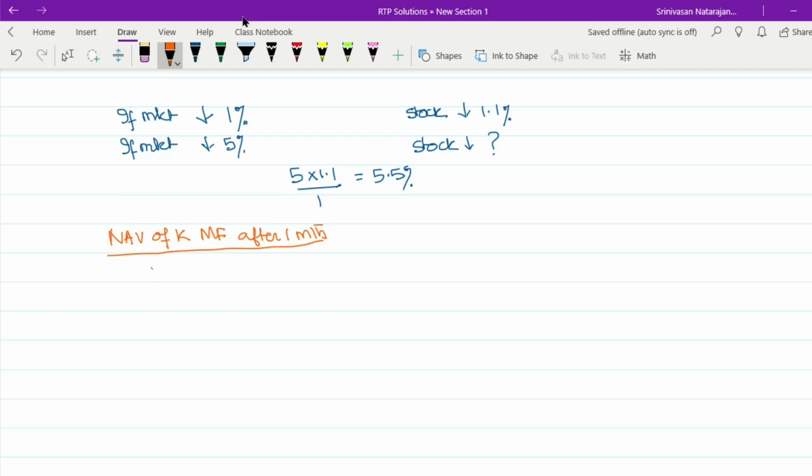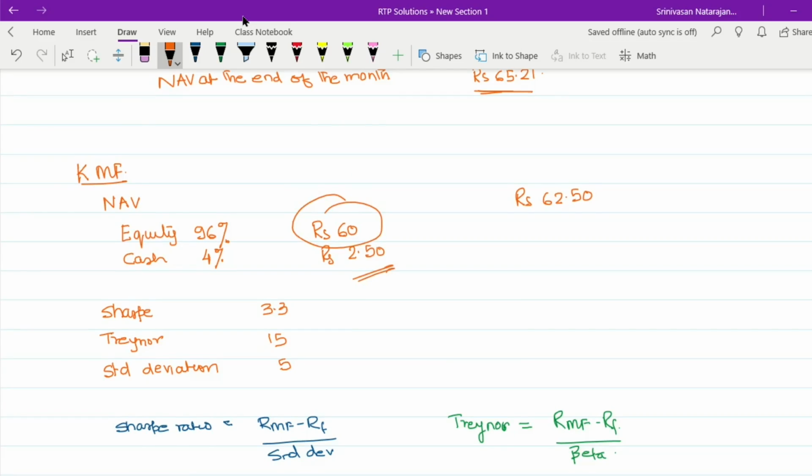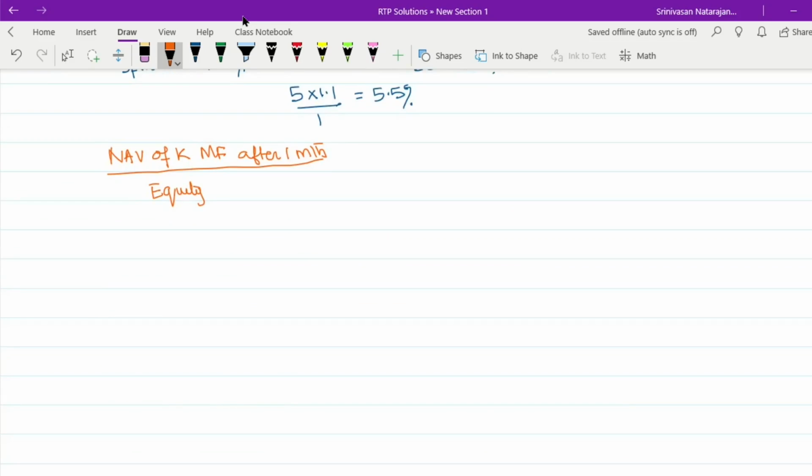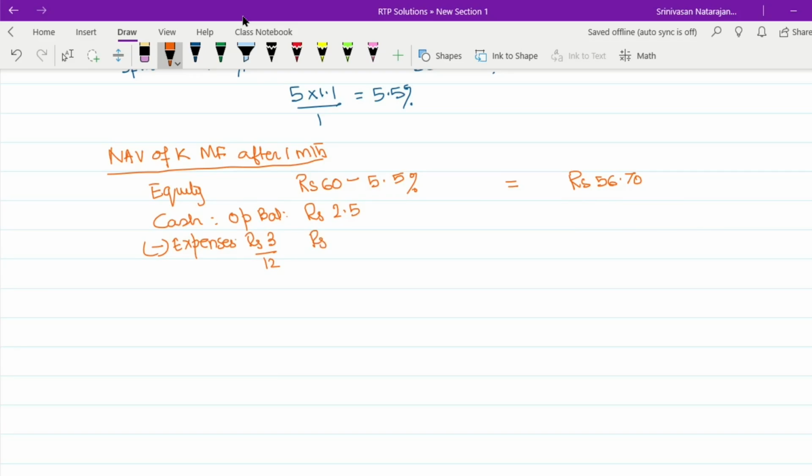It will comprise of two things, equity. Now, the opening value of equity which we had found out was rupees 60 and cash was 2.5. So now after 1 month, equity will be rupees 60 minus 5.5%, which will be equal to 56.7, and cash, the opening balance was rupees 2.5 less expenses, that will be rupees 3 divided by 12, that is rupees 0.25.